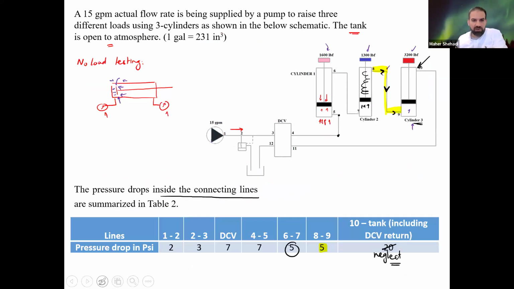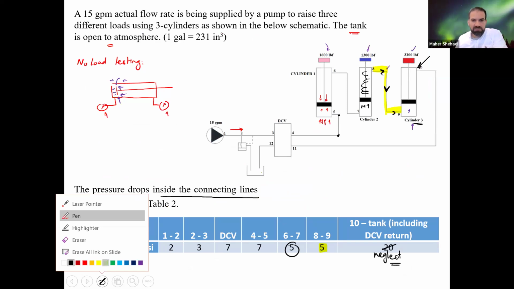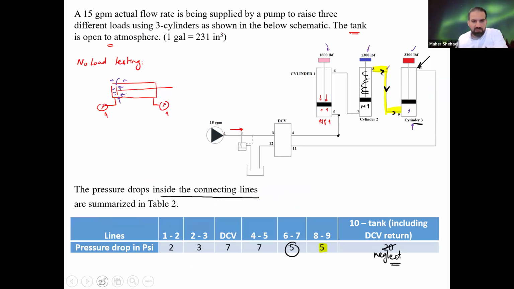I have 5 to 4, because I'm going backwards. Here, 5 to 4, and then 3, 2, and 2, 1, and of course the DCV. So if you want to make it a different color. Okay, so I have 2, 3, 7, 7.